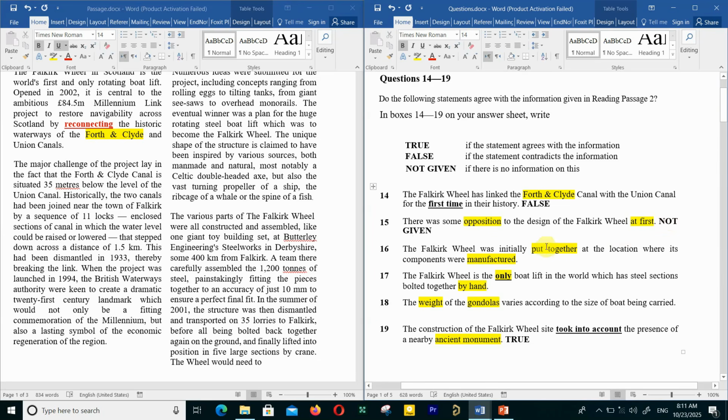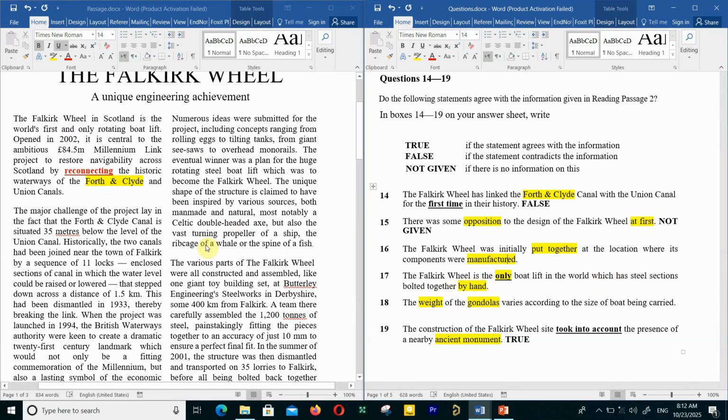So now here again for question 16: put together, components were manufactured, and the next one is the only boat lift in the world bolted together by hand. Okay, now continue. Numerous ideas were submitted for the project, including concepts ranging from rolling eggs to tilting tanks, from giant seesaws to overhead monorails.